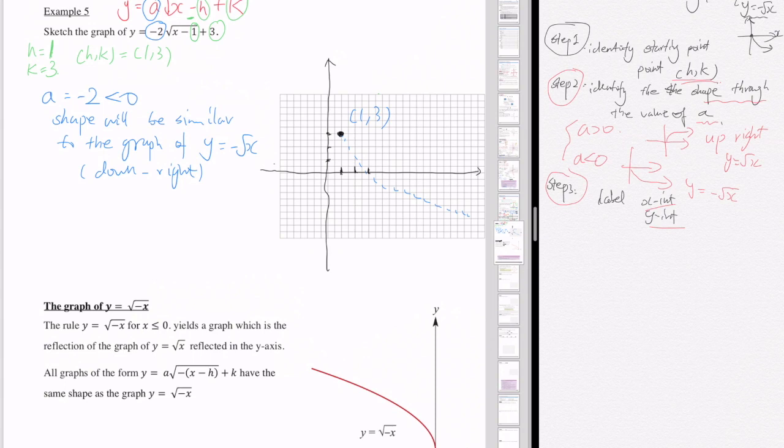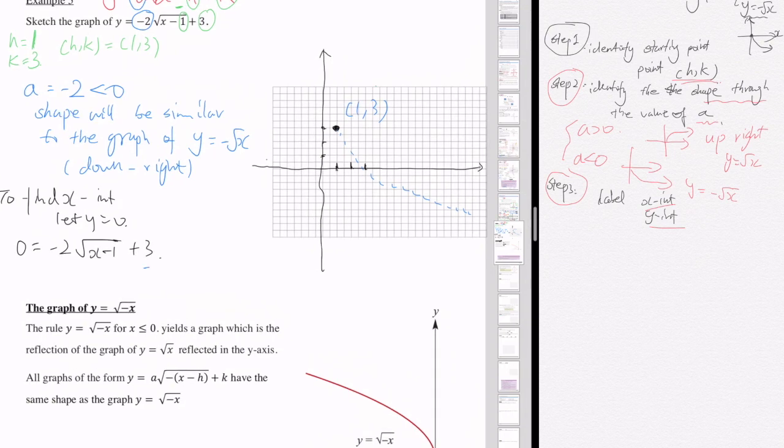We identified roughly what the shape looks like, and then for step 3, we have a starting point, so we only need to find the x-intercept, because this graph doesn't intersect with the y-axis. So to find the x-intercept, let y equal to 0. So 0 equals negative 2 square root of x minus 1, plus 3.